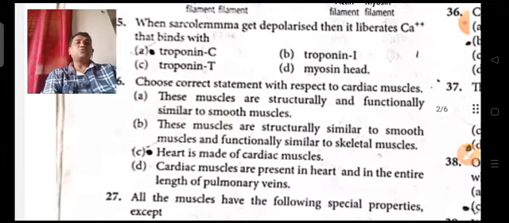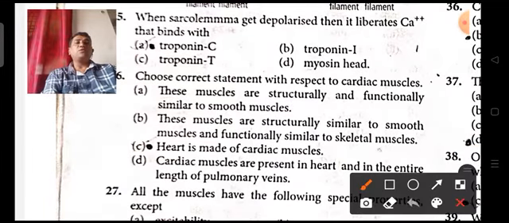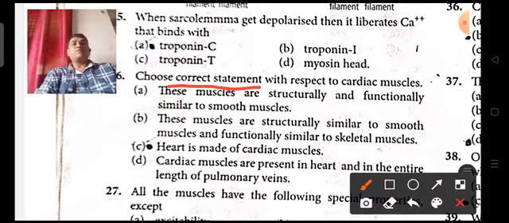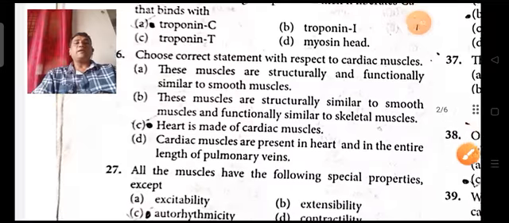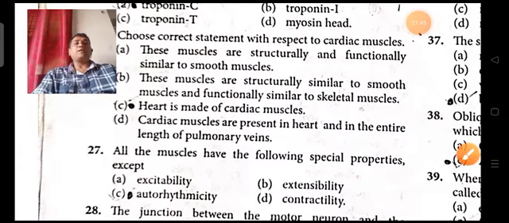So here choose the correct statement. We need to only find out the correct statement here. In this we have: these muscles are structurally and functionally similar to smooth muscles; these muscles are structurally similar to smooth muscles and functionally similar to skeletal muscles; heart made up of cardiac muscles; cardiac muscles are present in the heart in the entire length of pulmonary veins.